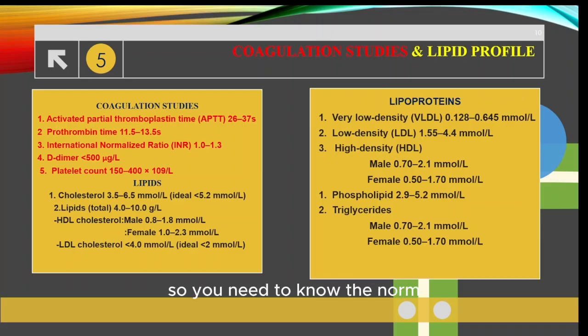So that's a major difference. In fact, you are not expected to know the norm of these values that I've mentioned, but you need to know that those four are the components of the lipid profile.